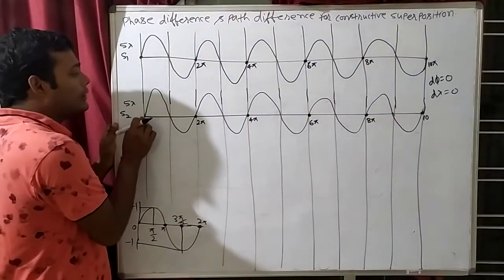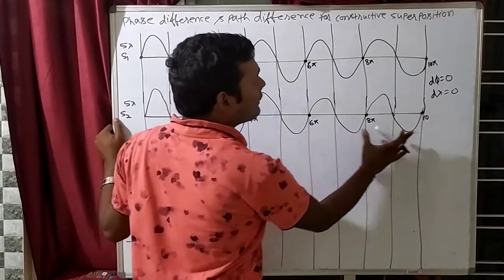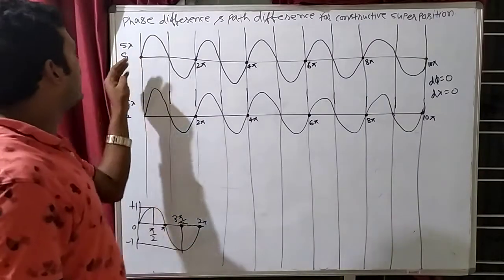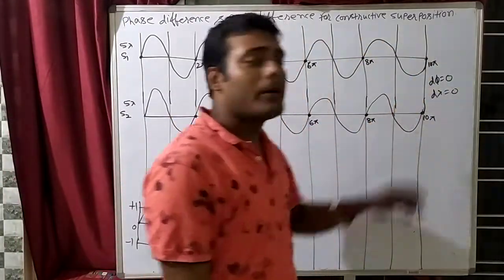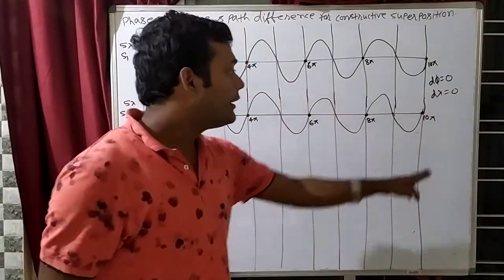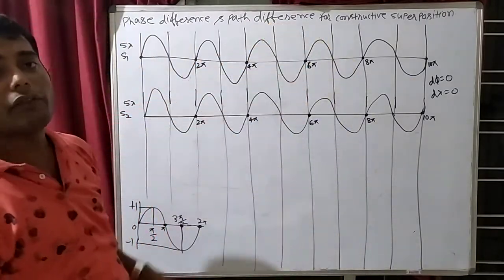Now see again. For the other wave, here to here is 2 pi, 4 pi, 6 pi, 8 pi, 10 pi. The phase of the first source S1 is 10 pi. What is the phase of the second wave? This is also 10 pi. So is there any phase difference between the first wave and the second wave?